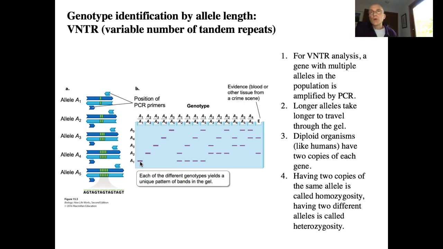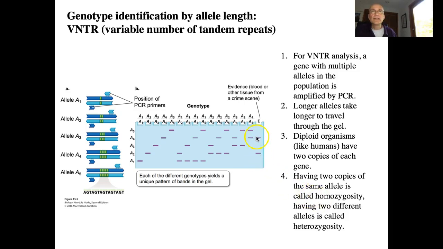And then diploid organisms like humans, we have one chromosome from mom, one from dad. They have 2 copies of each gene, one on the original homolog from the mother and one on the homolog from the father. And if you have 2 copies of the same allele, just like in this case, both A1, then that is called homozygosity. And if you have 2 different ones, then that's called heterozygosity.